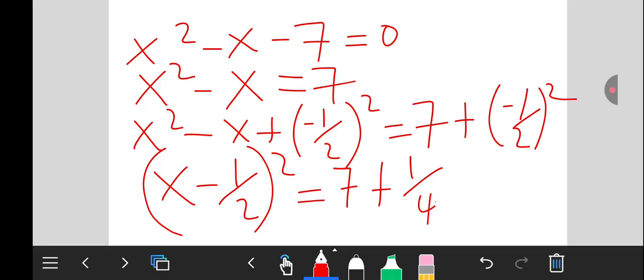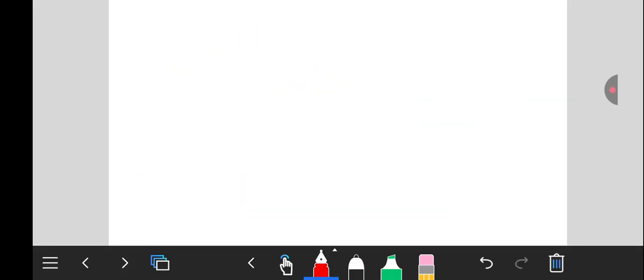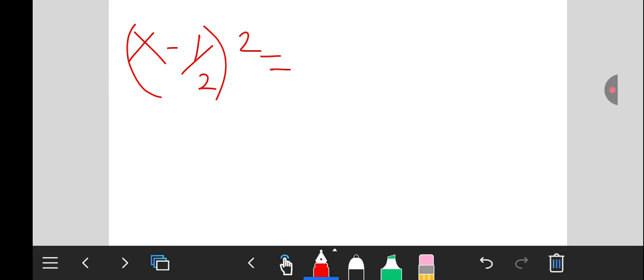Okay, so what we have is x minus 1 over 2, this one squared, is equal to 7 plus 1 over 4.